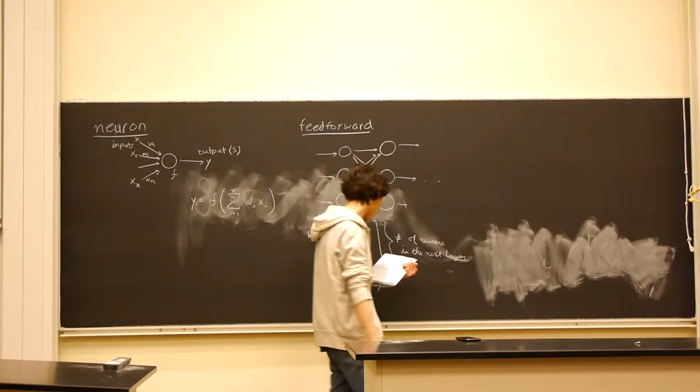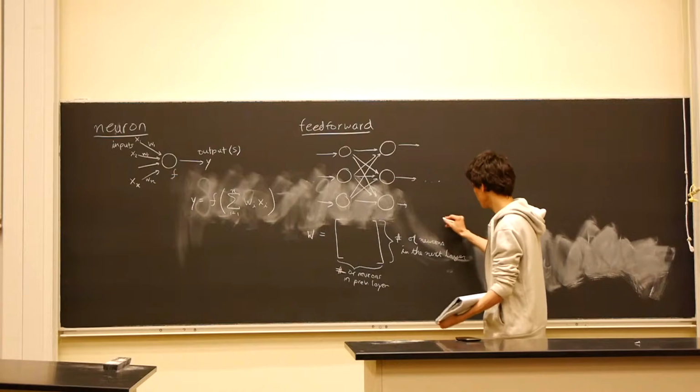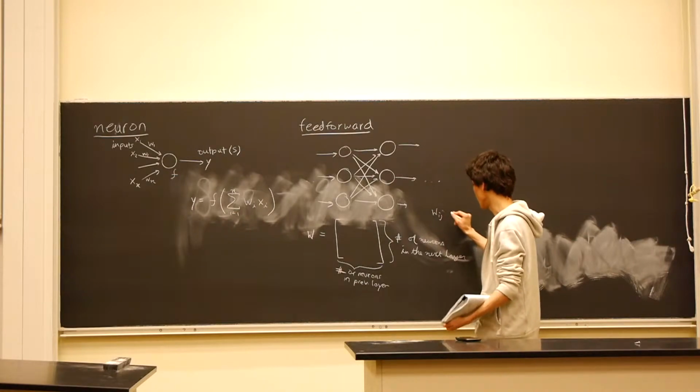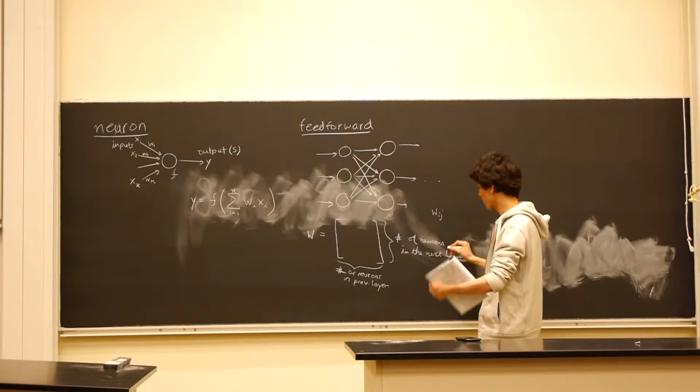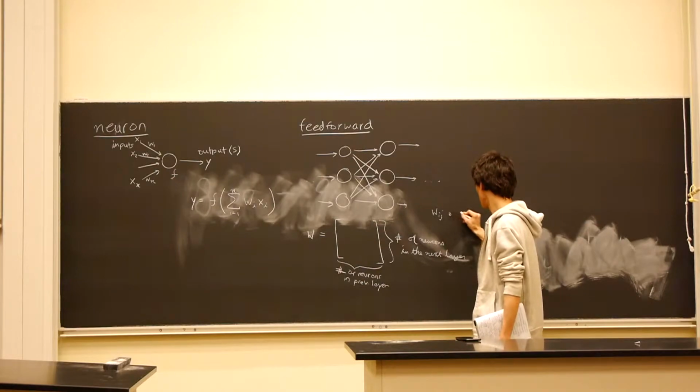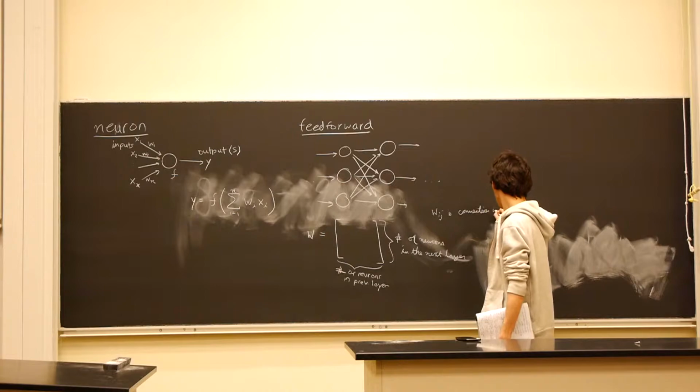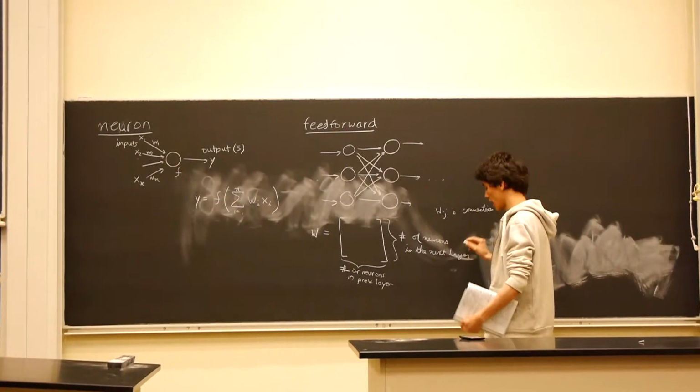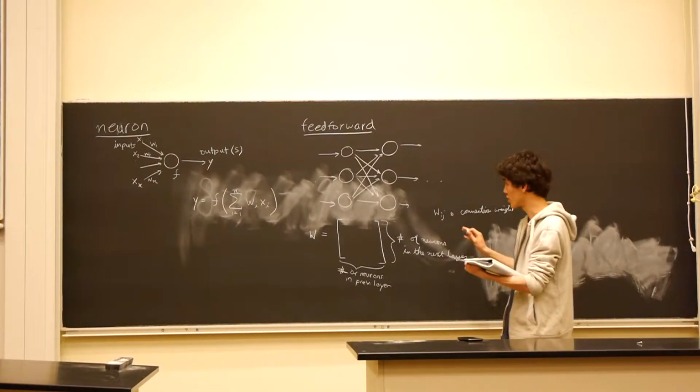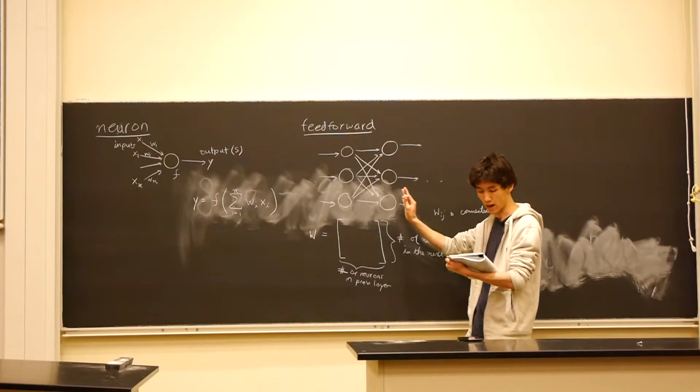So Wij is the connection weight from neuron j in the previous layer going to neuron i in the next layer.